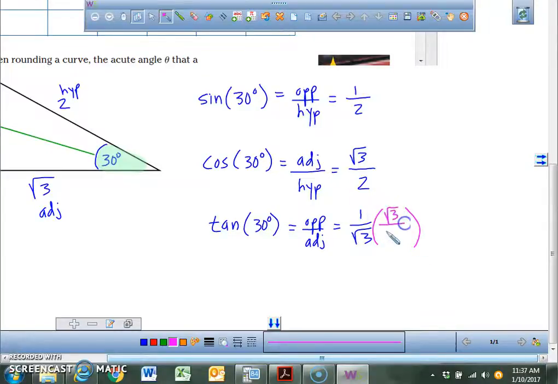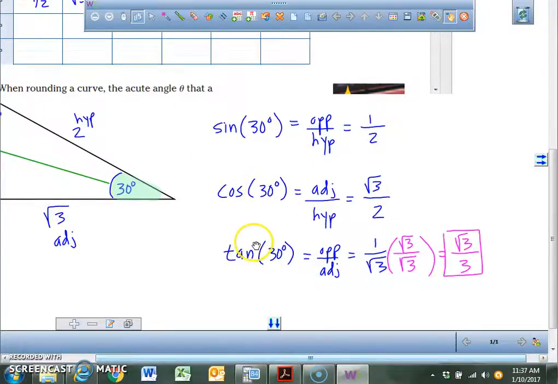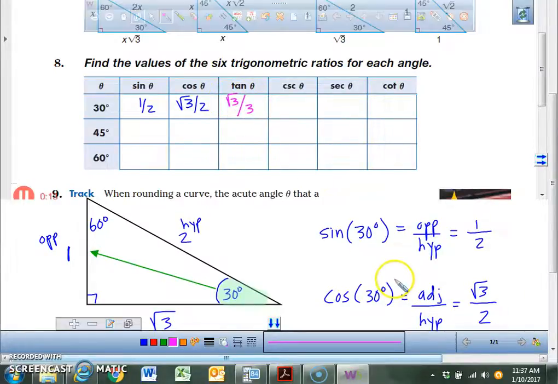Multiply by radical 3 over radical 3. And what does that do to the denominator? It rationalizes the denominator. So now, that is the correct answer for the tangent of 30, right? So right here, we're going to write tangent of 30 degrees is radical 3 over 3.